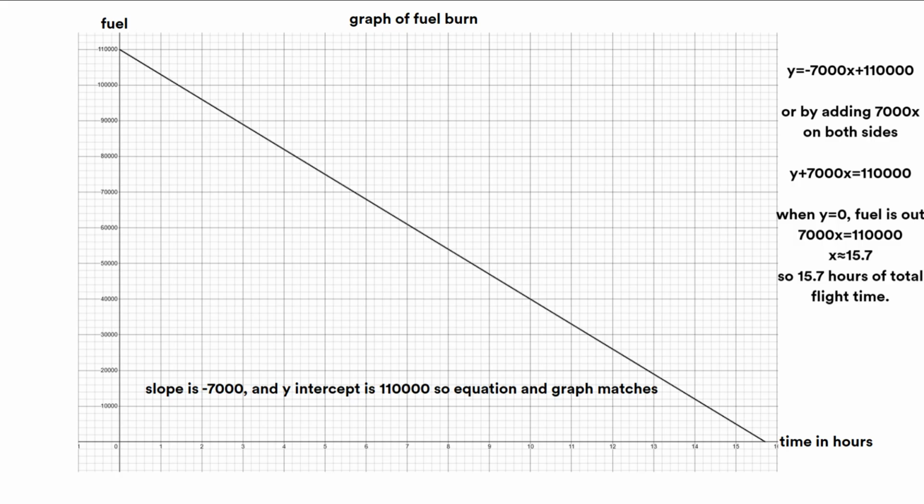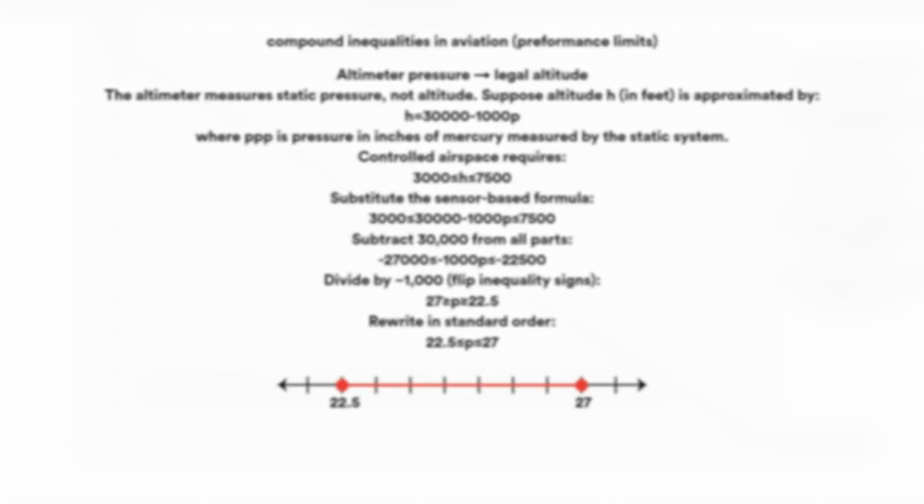This scenario is perfectly represented by this graph, as the x-intercept is around 15.7, and the slope is negative 7,000, which means negative 7,000 over 1, and the y-intercept is 110,000. So the equation and graph match, and those two represent each other.